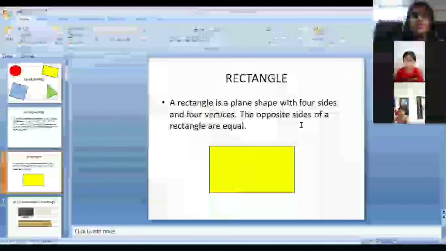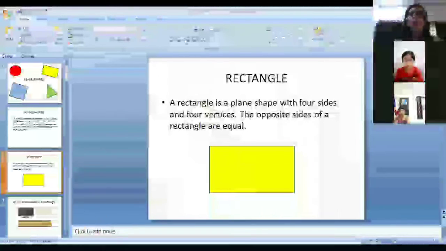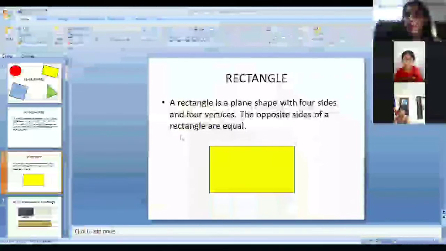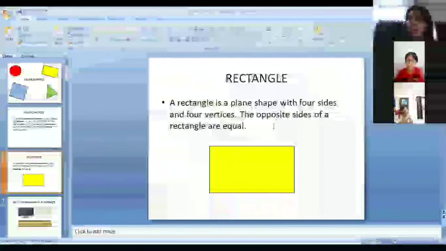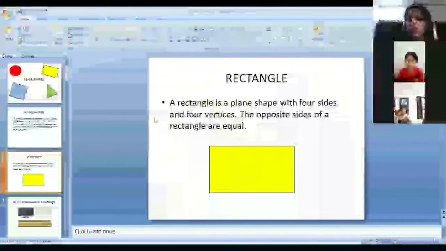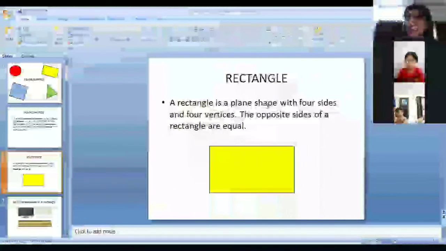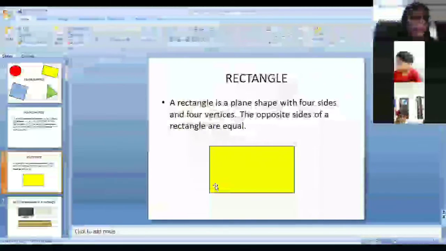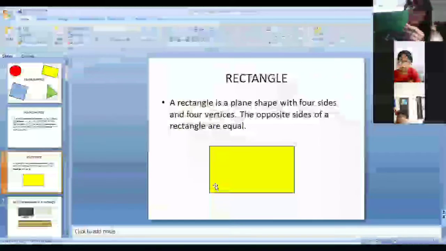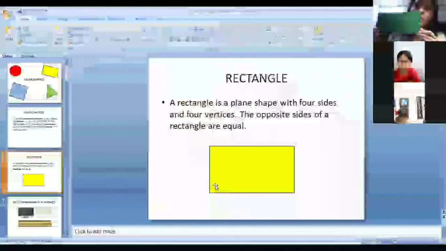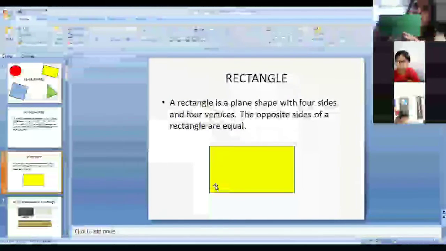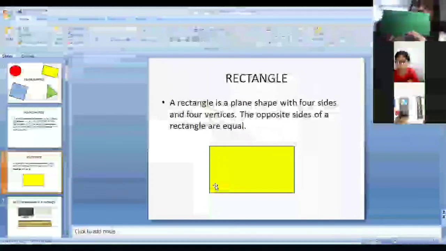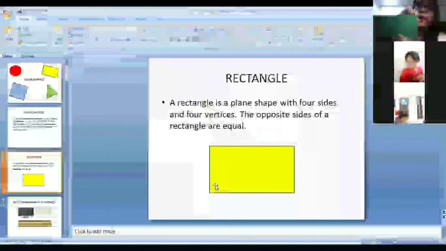Okay, children. So the first plane shape is the rectangle. A rectangle is a plane shape with four sides and four vertices. Just now I have shown you a rectangle. Can you see here? So how many sides does it have? 1, 2, 3, and 4.